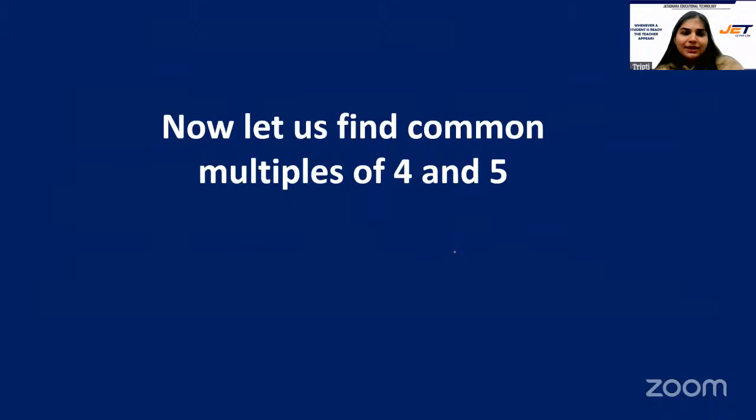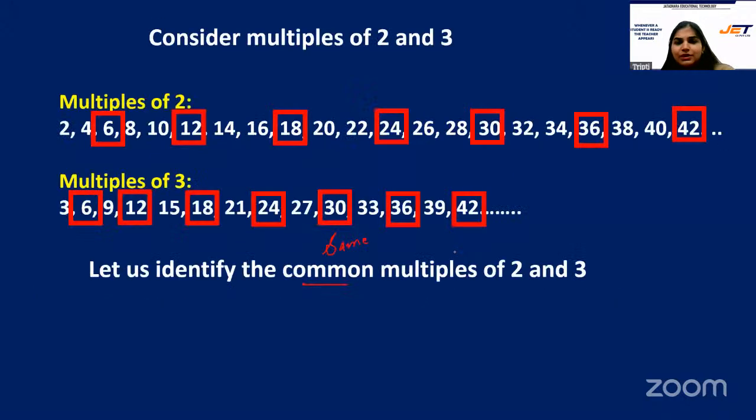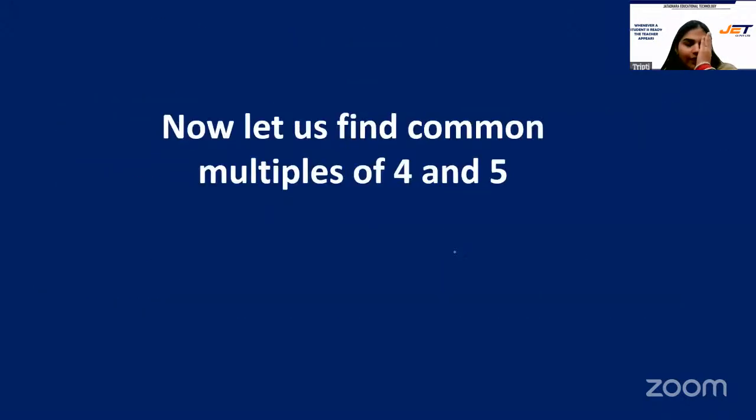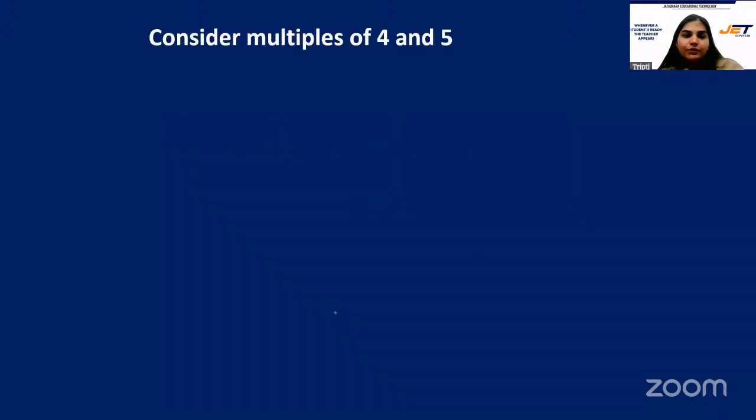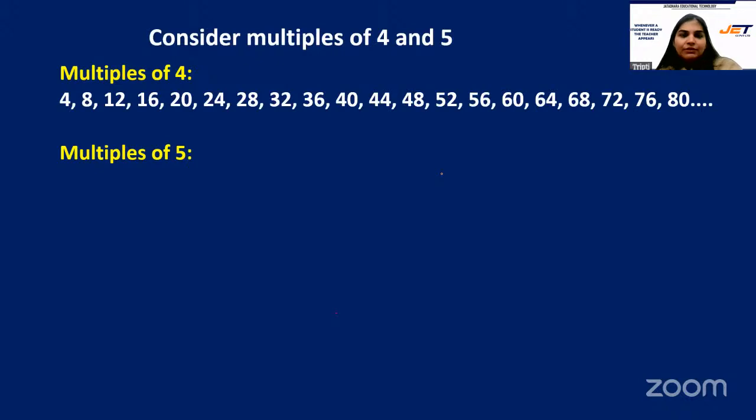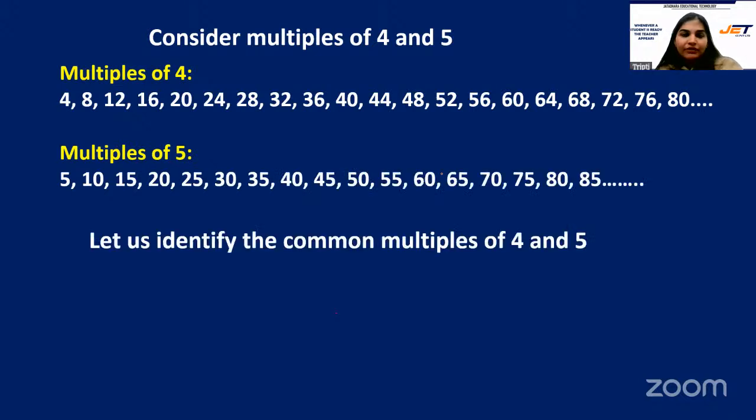And here, if we find the common multiples of 4 and 5, the same way you have to do. These are the multiples of 4, and the multiples of 5 are 5, 10, 15, 20, and so on. Now, if we work on finding the common multiples, we'll identify the common multiples of 4 and 5.